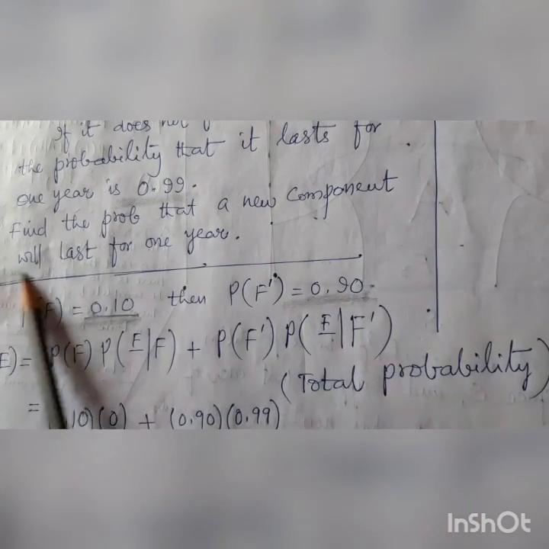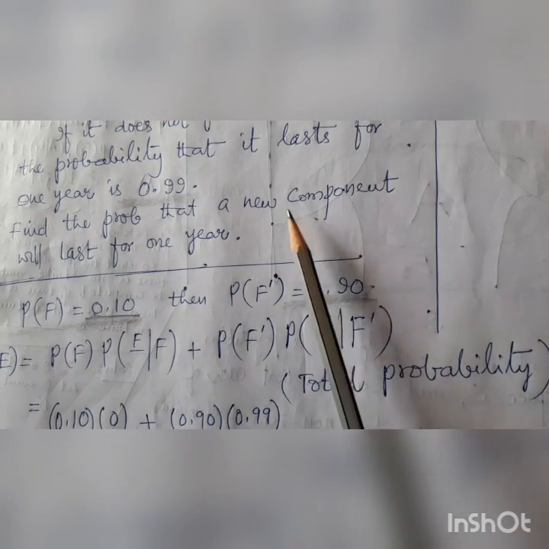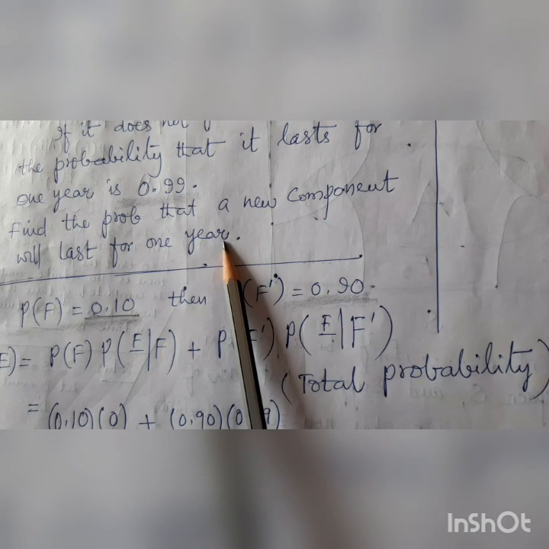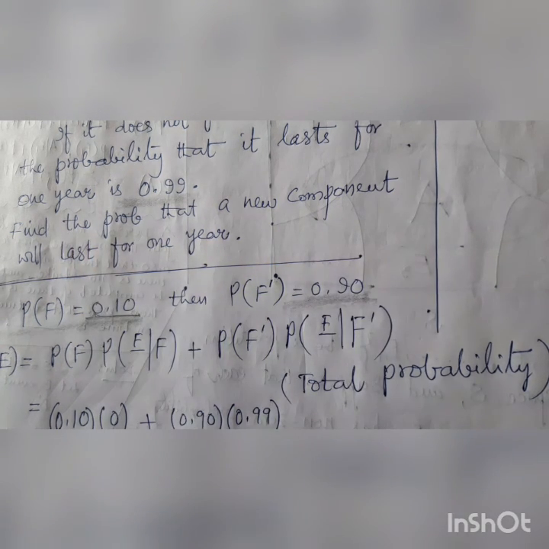Find the probability that a new component will last for 1 year. What is the probability of 1 year lasting of the same new component? That is the question.